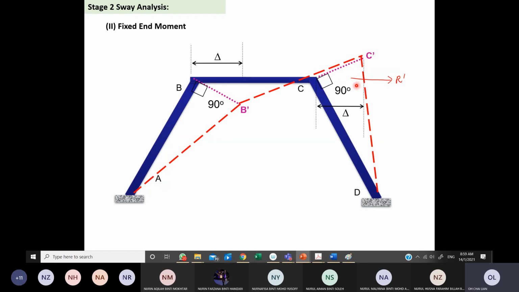Be careful, the sway may not always be horizontal. It may be diagonal, or it may be vertical, depending on your R prime. But now this R prime is horizontal, so we are talking about the horizontal deflection being the same. Please take note of that.